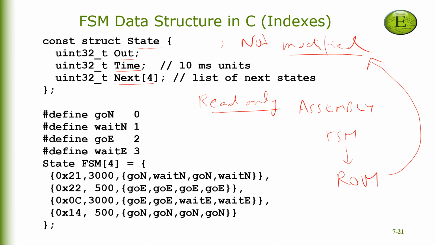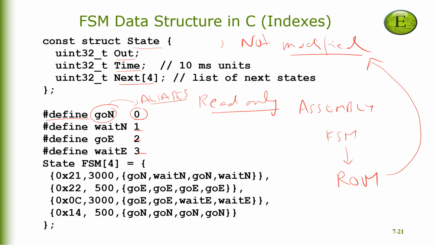In our C program, we shall also use some constants, the constants 0, 1, 2, 3, corresponding to the states of the state machine. We make use of the preprocessor directive define, which says that this constant 0 and this GoN are aliases, meaning that if we say 0 or GoN, these are synonymous.